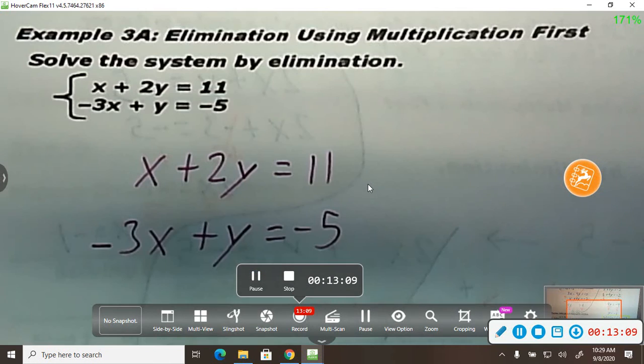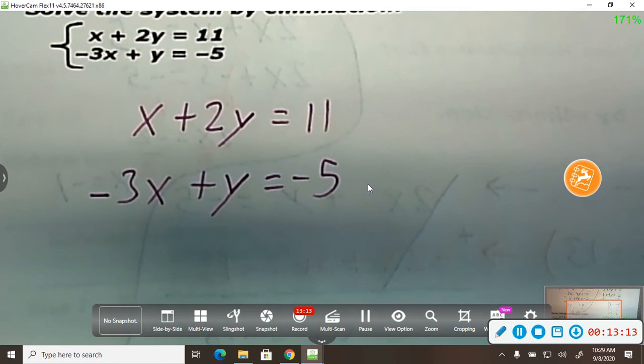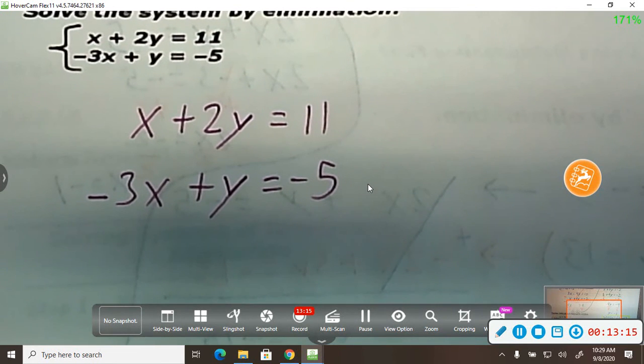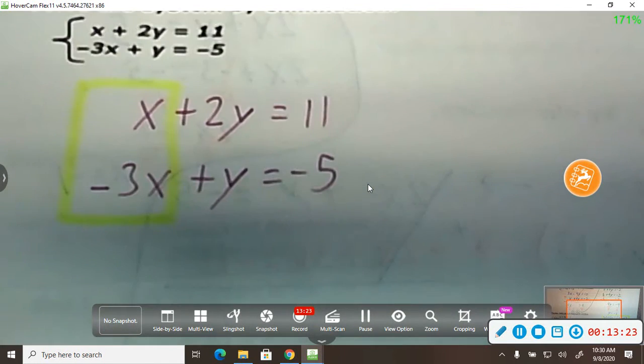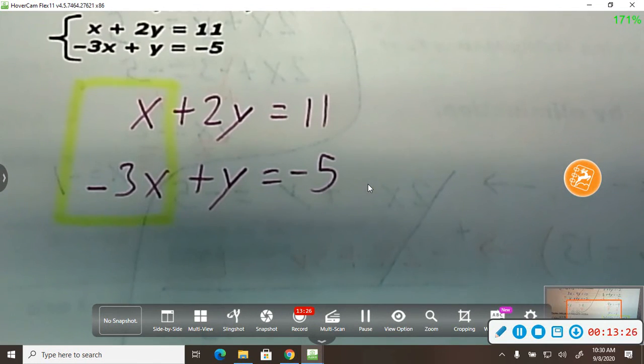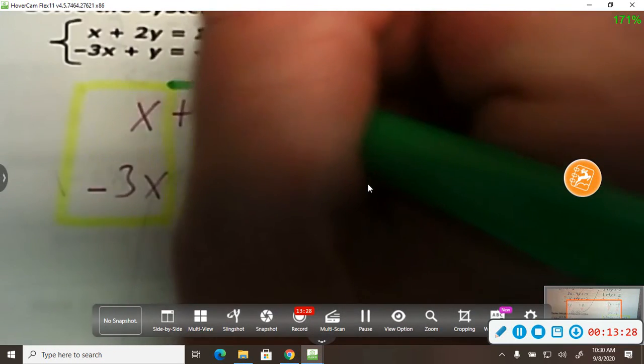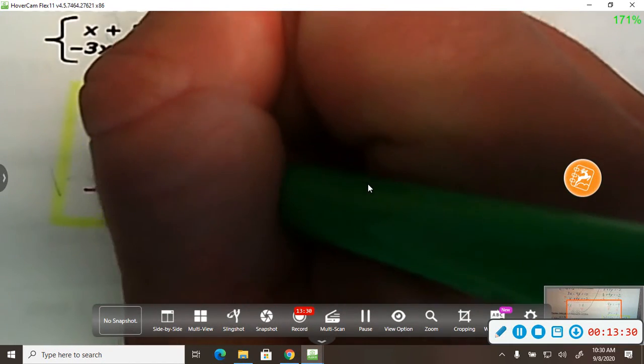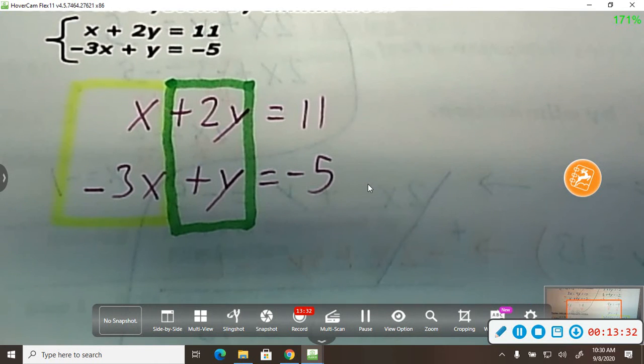So I don't know if we have time to finish this one, but we'll at least talk about how you would set it up. So step 1, x's and y's and constants are all in the same place. Step 2, I need to decide, do I want to eliminate my x's or my y's? On this one, there really isn't a right or wrong answer.